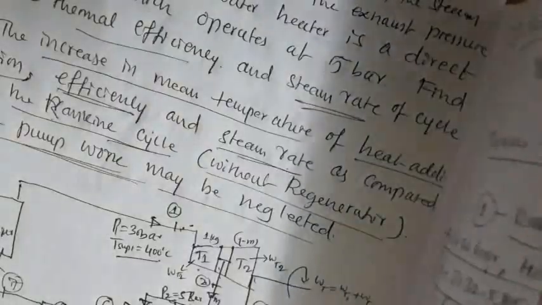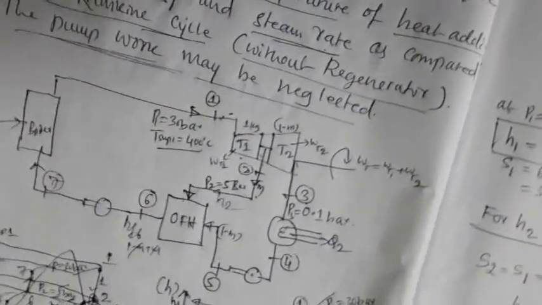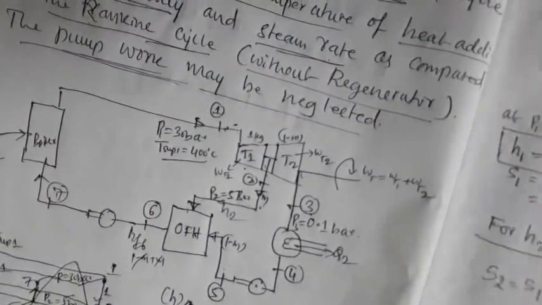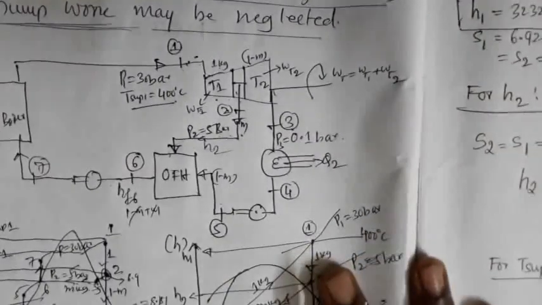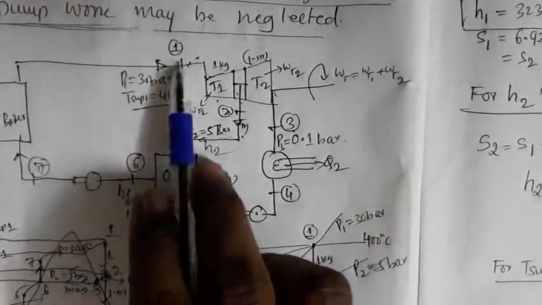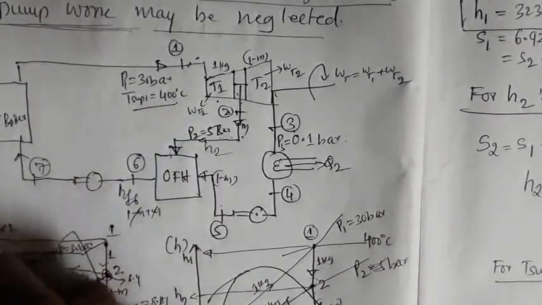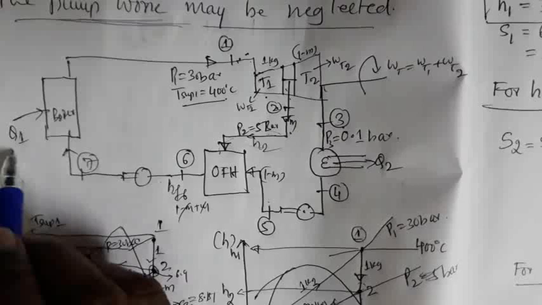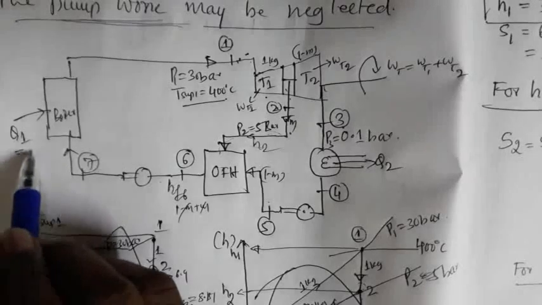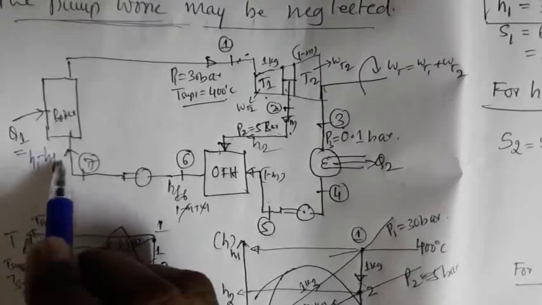So in the boiler we have the heat supply between 1 and 7, that is Q1 is equal to H1 minus HF7.